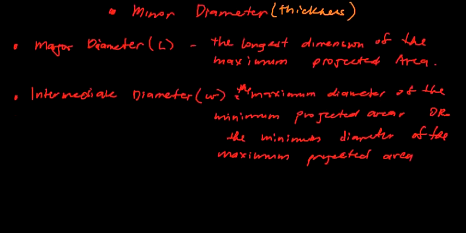And lastly, the minor diameter, or the thickness, is the shortest dimension of the minimum projected area.